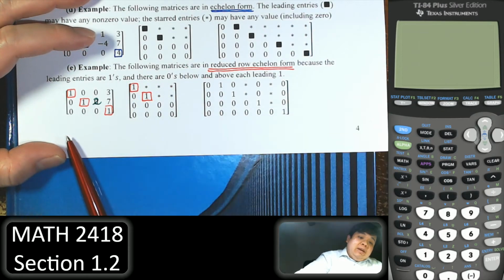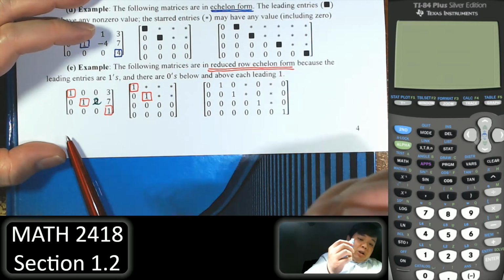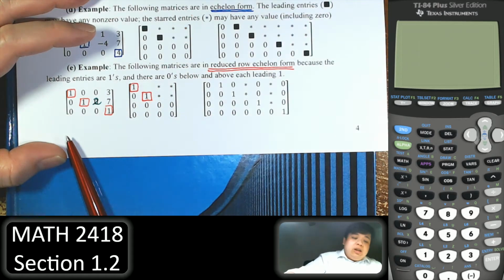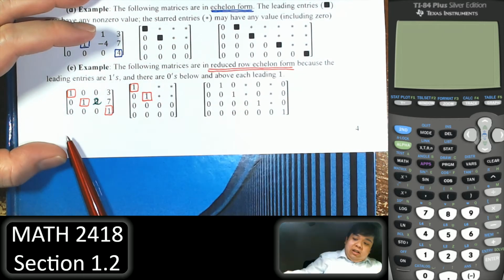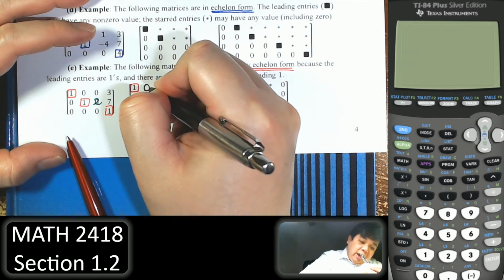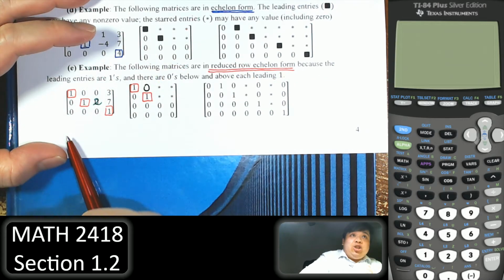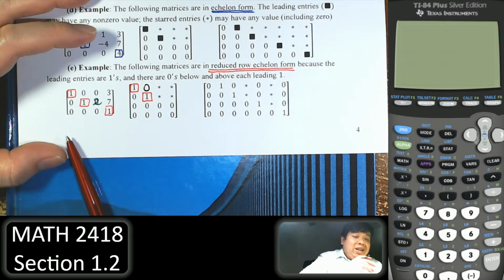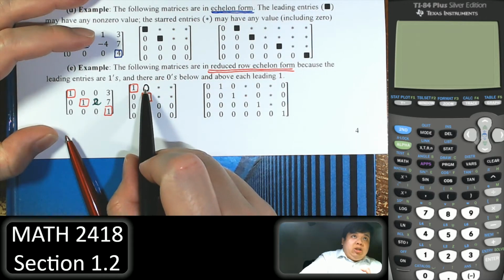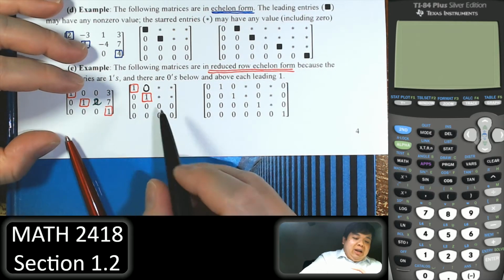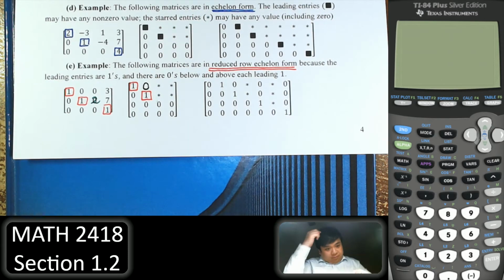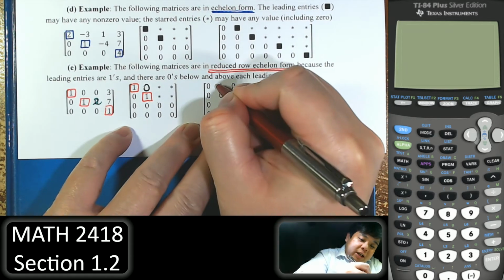If it is in reduced row echelon form, this has to be 0, because every entry in the pivot column except for the pivot entry itself has to be equal to 0. So if we want this to be reduced row echelon form, that has to be 0. These are not pivot columns, so it doesn't matter.